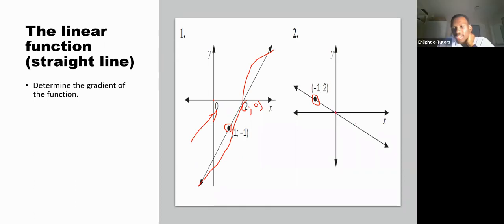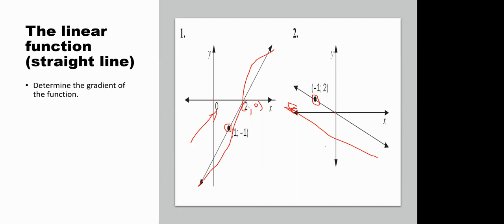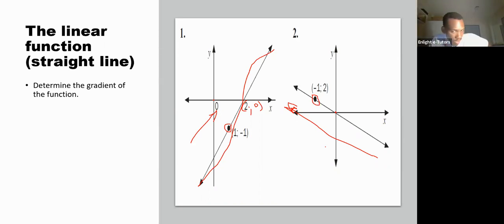Exactly, this one. So by the look of it, your graph is facing this direction. When you look at the graph, what can you say about the value of A? A is the gradient.